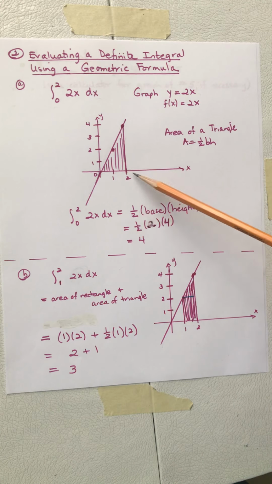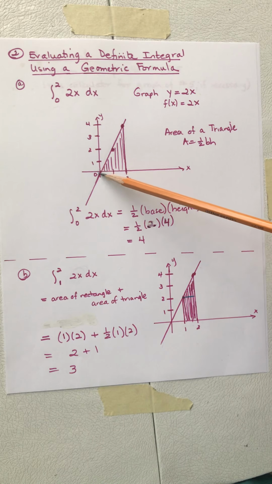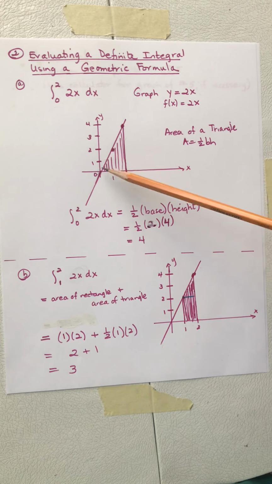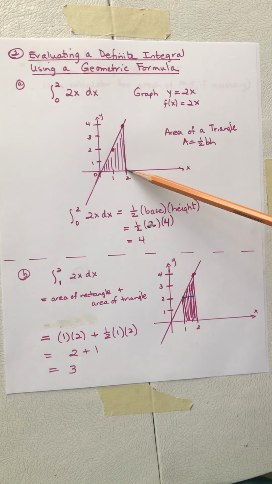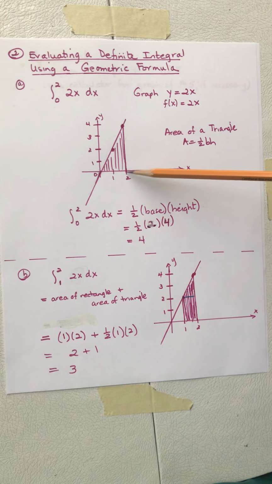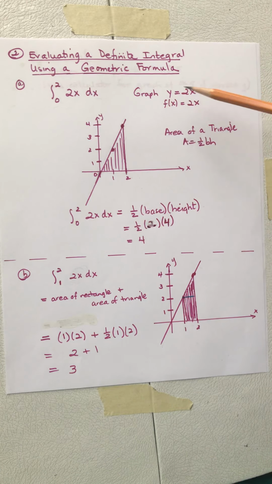So I would go over to my graph, and I would draw a vertical line at 0 from 0 up to the graph. But 0 is already on the graph, so I can't draw a vertical line. But I go to 2, and I draw a vertical line at 2 up to the graph. And then I shade the region between 0 and 2 underneath the line y equals 2x.